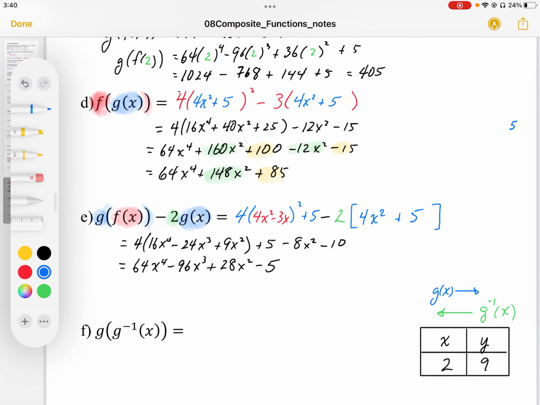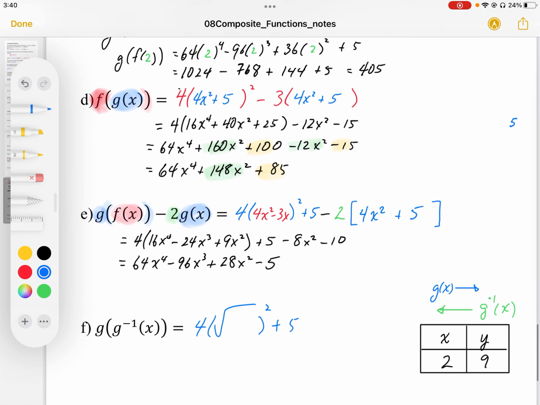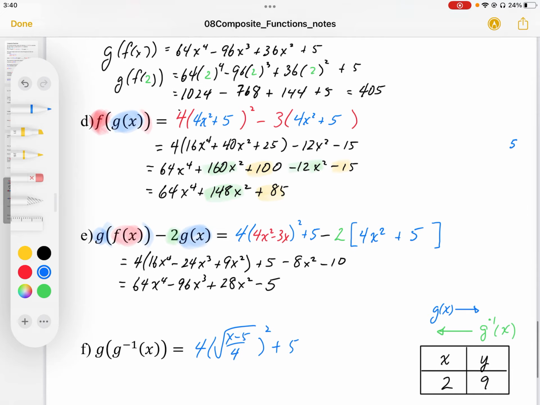Okay, so if I do, g is going to be 4x squared plus 5, and I'm going to substitute in there the square root of x minus 5 over 4.